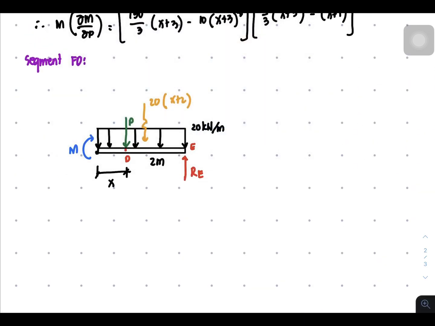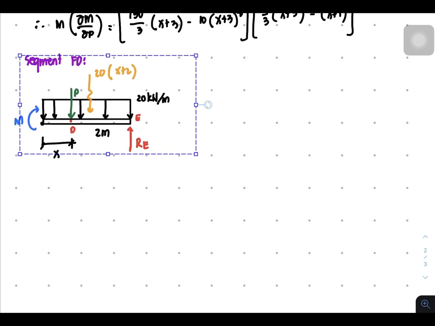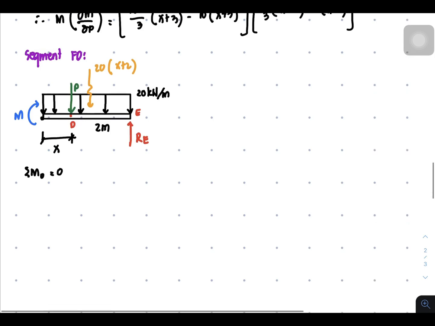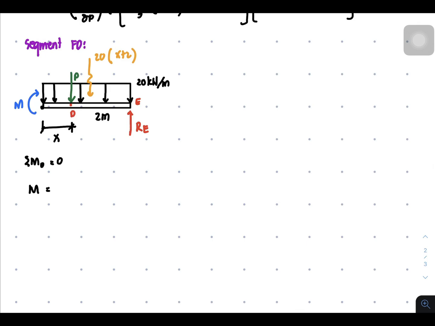And then now we're trying to get the equation. So summation of moment at the point of cutting equal to 0, you will have m equal to RE times x plus 2 minus 20 times x plus 2 times 1/2 of x plus 2 minus p times x.